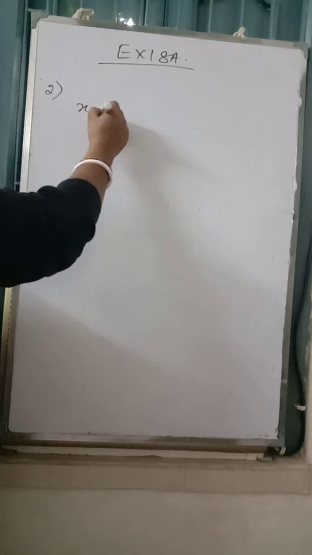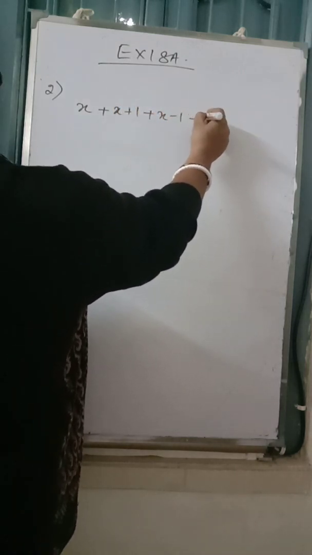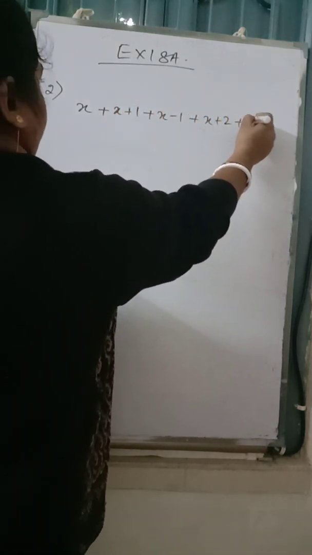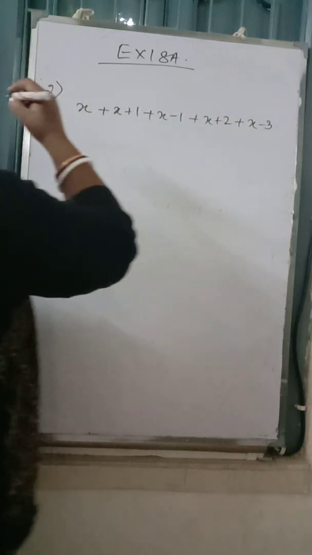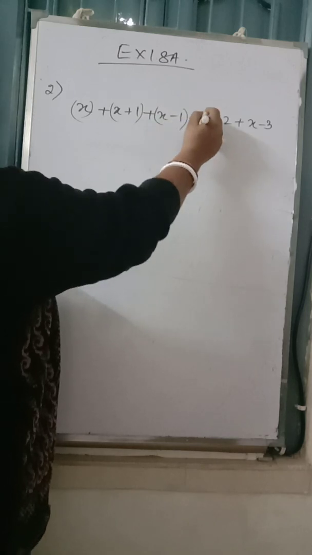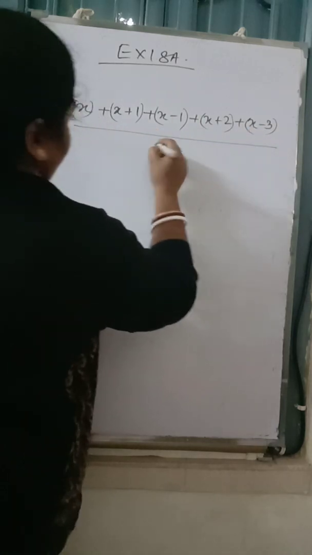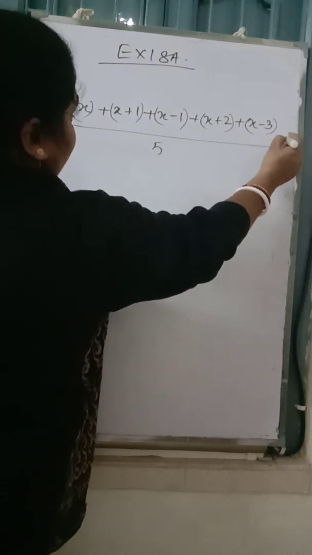The numbers are x plus 1, x minus 1, x plus 2, x minus 3, and x. I am using brackets so you can understand. Now you can see how many numbers you have: 1, 2, 3, 4, 5. So divided by 5 is equal to 79. This is the mean.